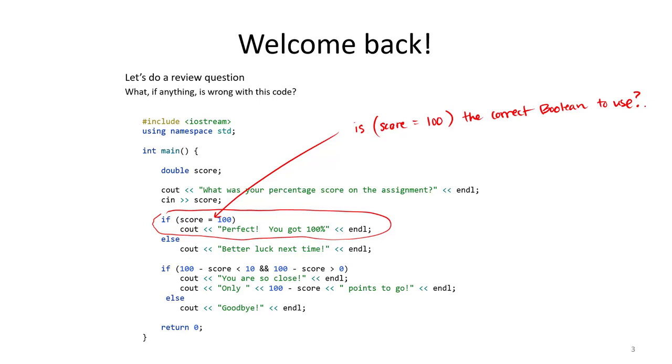Notice we want to compare score and 100. Remember, single equal assigns value. Double equal compares values.